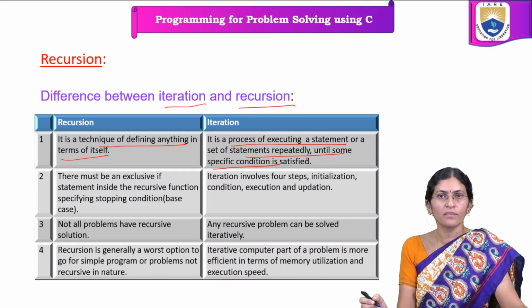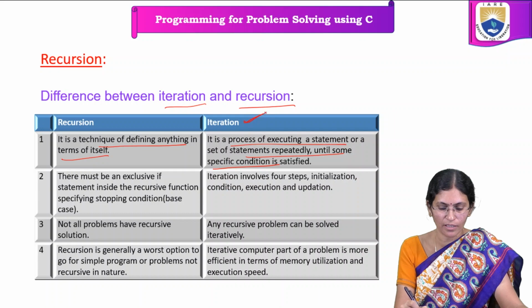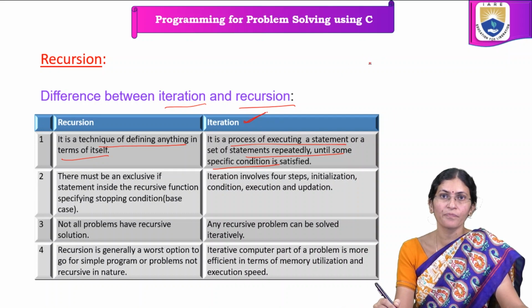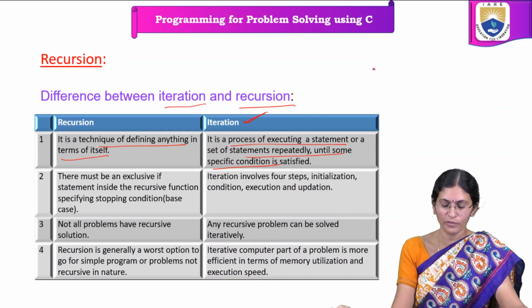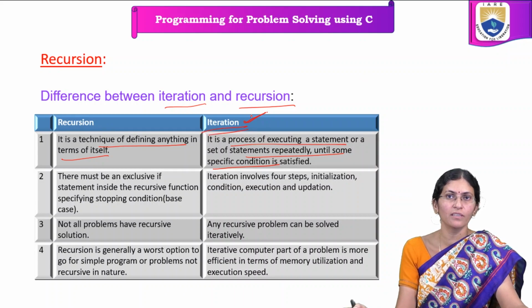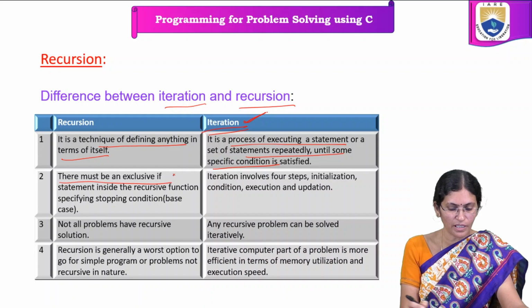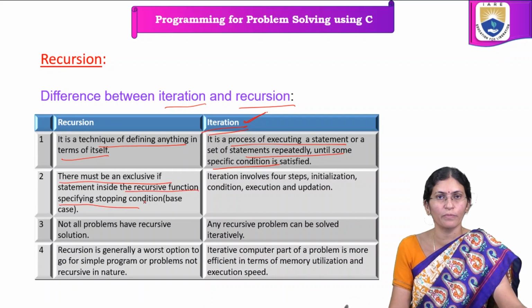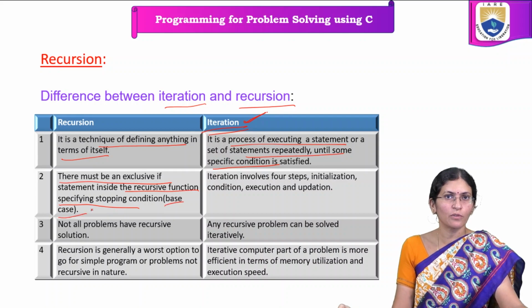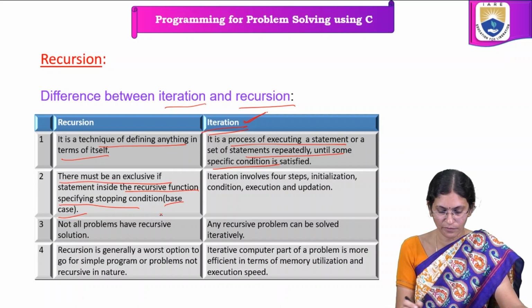You can go through the video lectures where we have discussed iteration, that is looping structures such as the while loop, for loop and do while loop. Iteration can be performed using all the loops. There must be an exclusive if statement inside the recursive function specifying the stopping condition. A base condition is required in order to write a problem in terms of a recursive function.